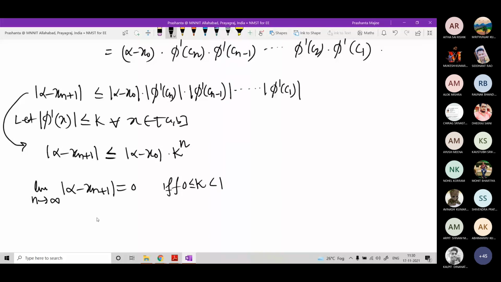So what is k? k is the maximum value of the derivative of the phi function in the interval a, b.